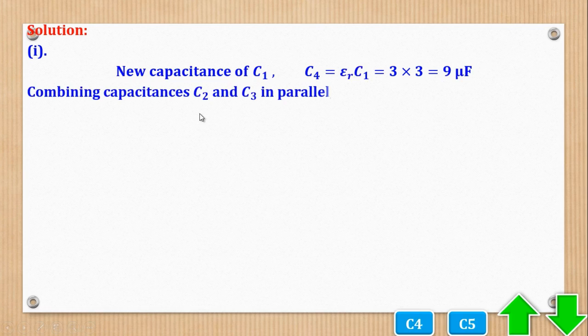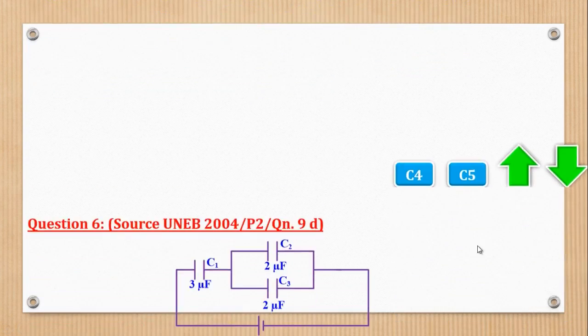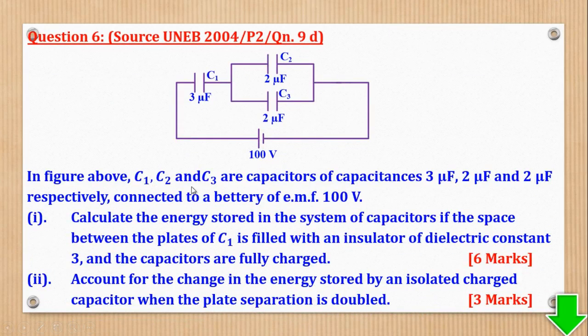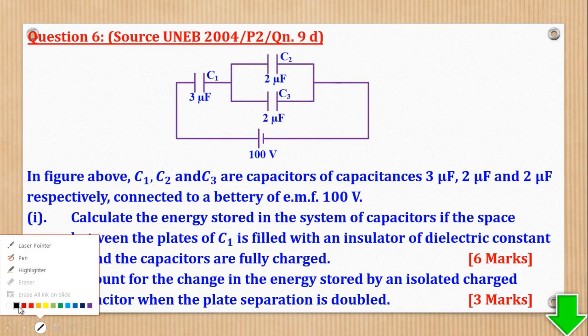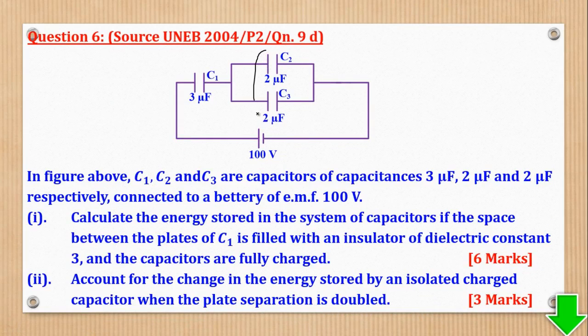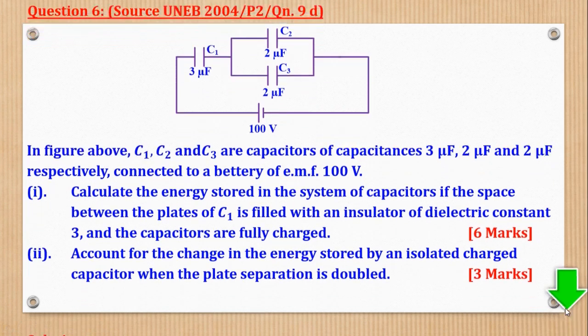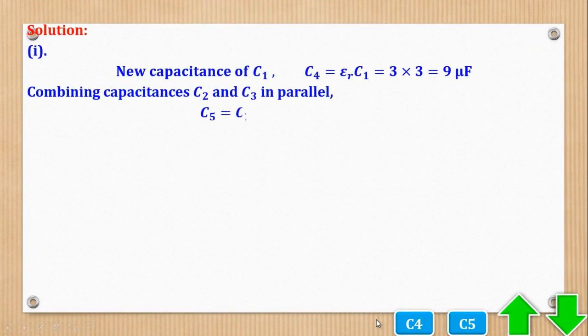So when I combine the capacitances C2 and C3 in parallel, I'll come here and realize that these two are in parallel. This and this, they are in parallel, so I have to first combine the two. Therefore, I combine by adding them to give you 4 microfarad. And when I do that, I'll come up with this.